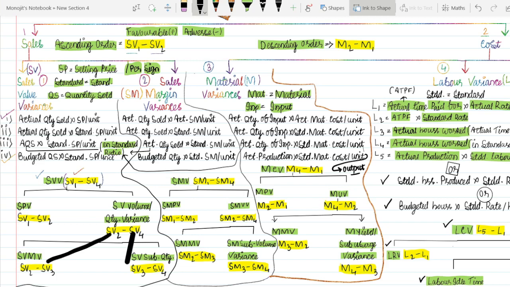So in this manner you need to solve all the questions relating to sales value volume, and another division is sales margin variances.